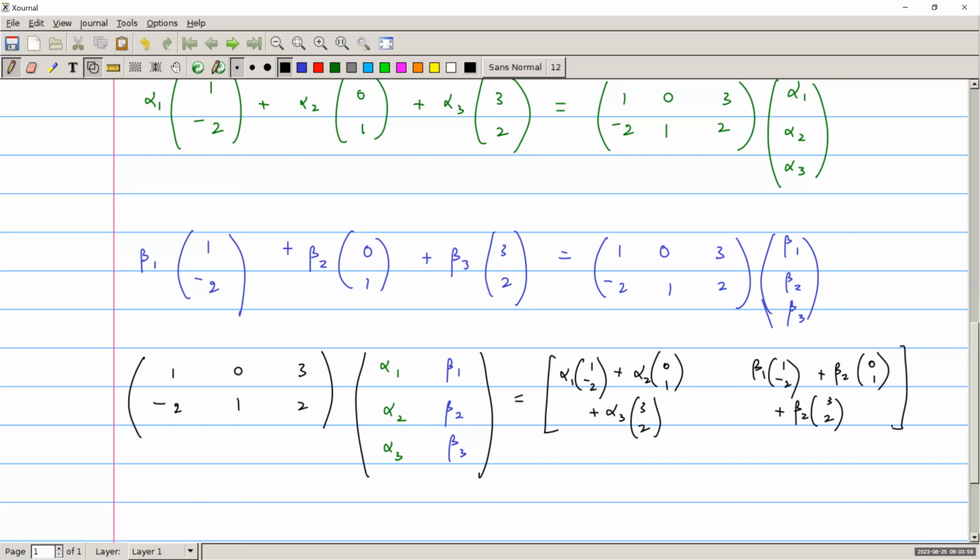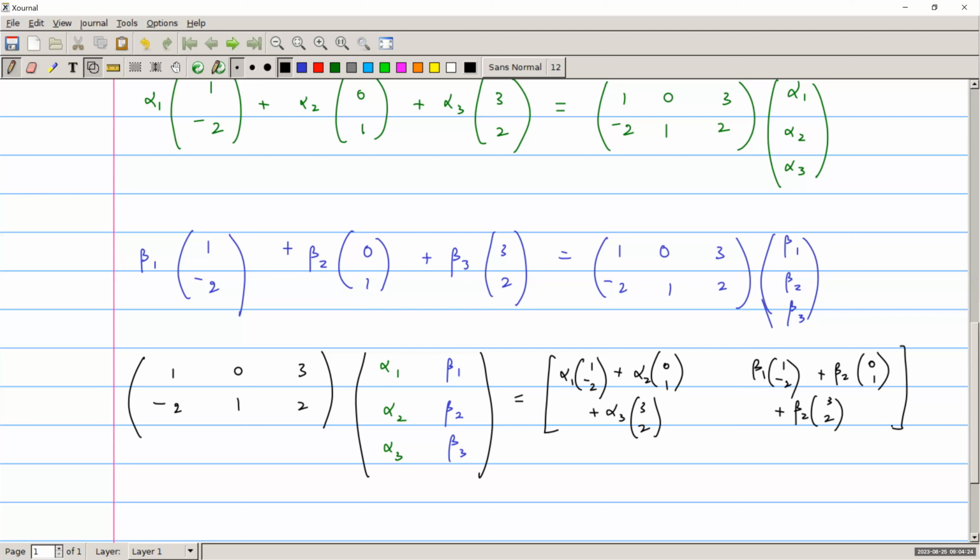Essentially, what matrix multiplication does is just keep track of linear combinations. When you do this matrix multiplication, how many columns are there in the first matrix? 3. So how many coefficients do you need to make a linear combination of 3 vectors?